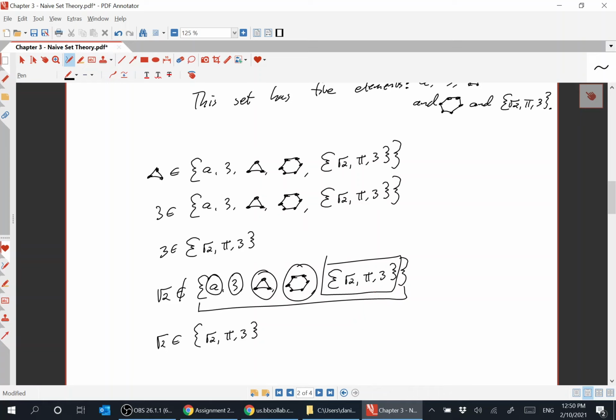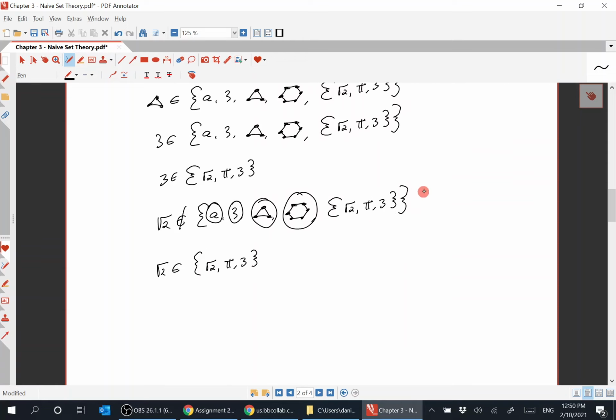It does have something to do with the square root of 2, but it is not itself the square root of 2. It is a set that has 3 elements in it, one of those elements being the square root of 2, but that's different than the square root of 2 itself. The square root of 2 is in that small set inside there.